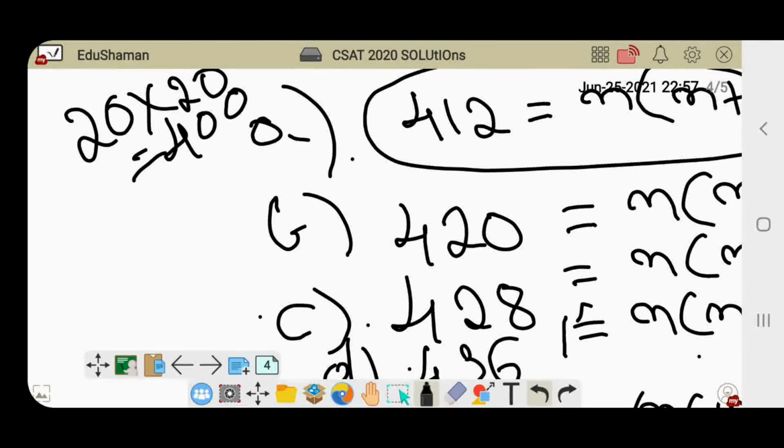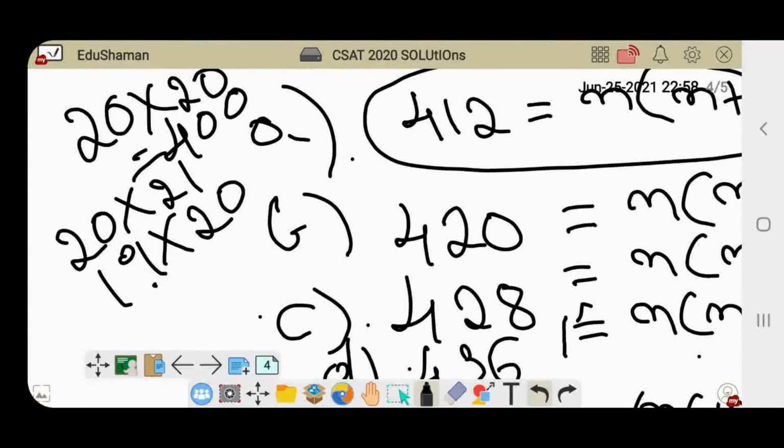But here we are multiplying n into n plus 1, like 10 into 11 or 12 into 13 or 14 into 15. So for 20, it would be something like 20 into 21 or 19 into 20, somewhere close to that, need not be the same, or 21 into 22.